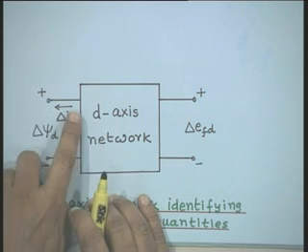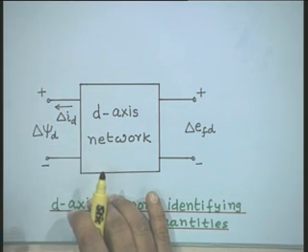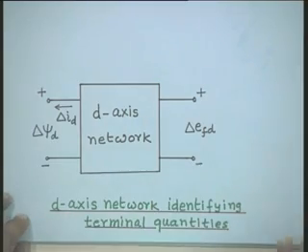Here the convention is the synchronous generator convention, where the currents are leaving the stator terminals. With the generator convention, the direct axis current is leaving the terminal of the D axis network.